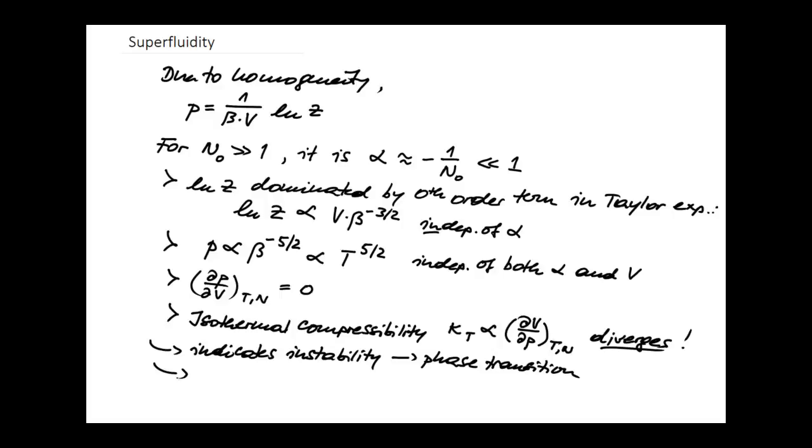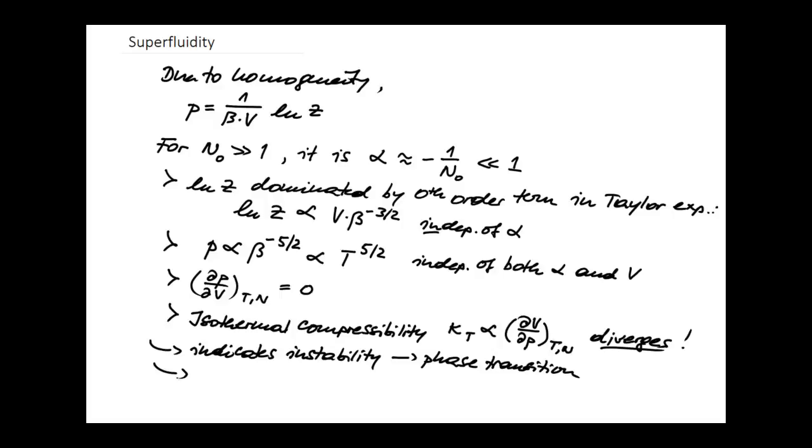I don't have the time here in this course to go into detail, so I have to stay at the surface, but I just want to tell you that it's a signature for a phase transition to a superfluid phase that the compressibility has a peak.